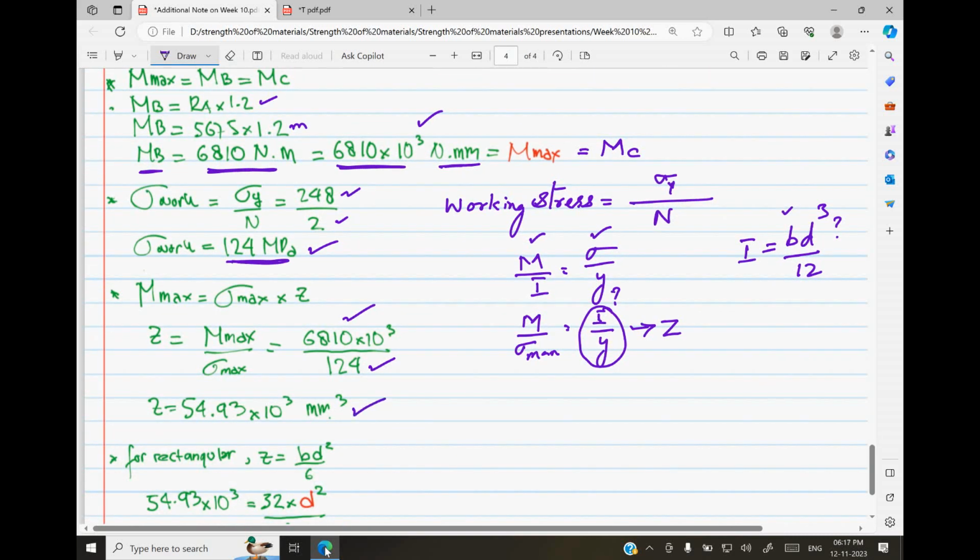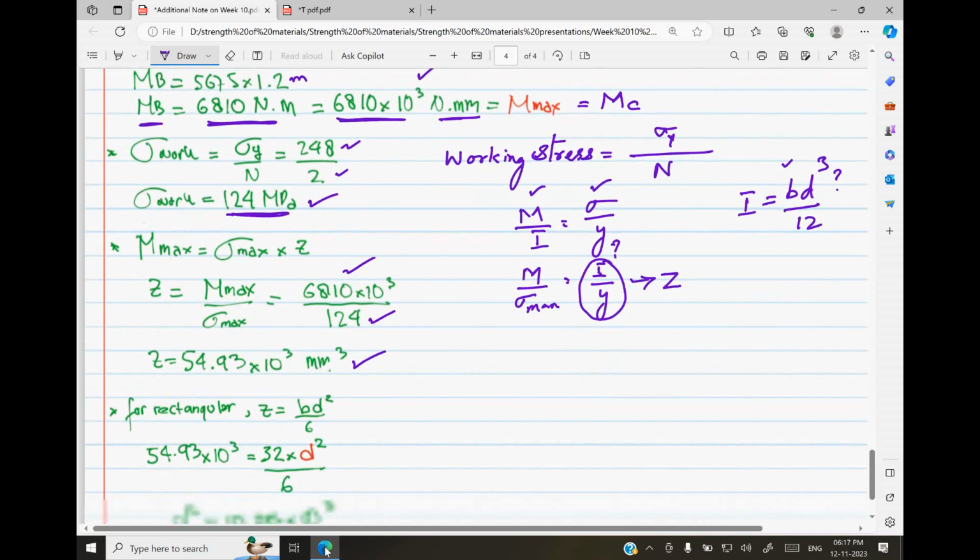Now we know that for a rectangular section, I is BD cube by 12. Z is equal to BD cube divided by 12, and Y is nothing but D by 2. So this 2 gets cancelled here, and you are left with 6.